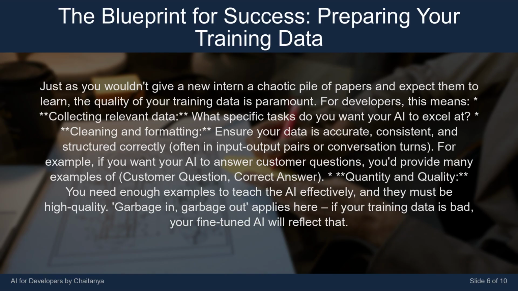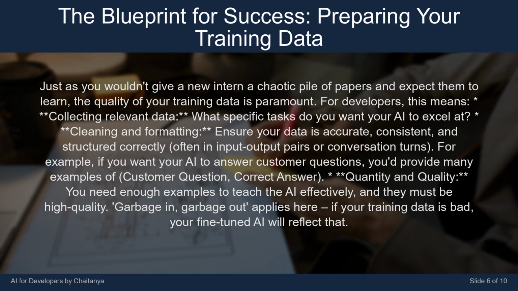For developers, this means collecting relevant data. What specific tasks do you want your AI to excel at? Cleaning and formatting. Ensure your data is accurate, consistent, and structured correctly, often in input-output pairs or conversation turns.